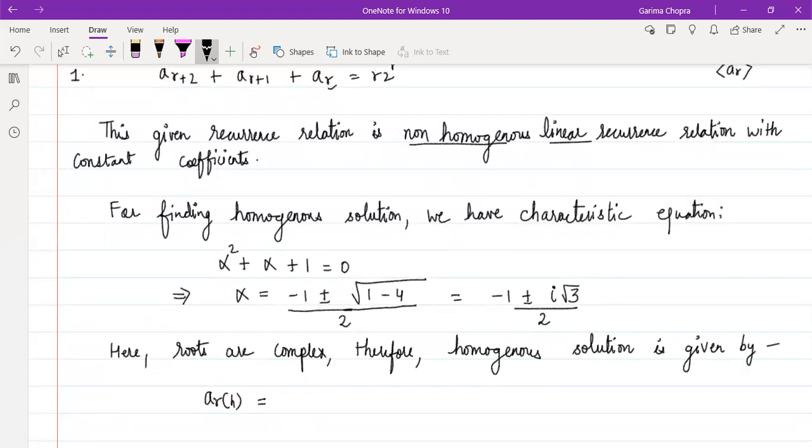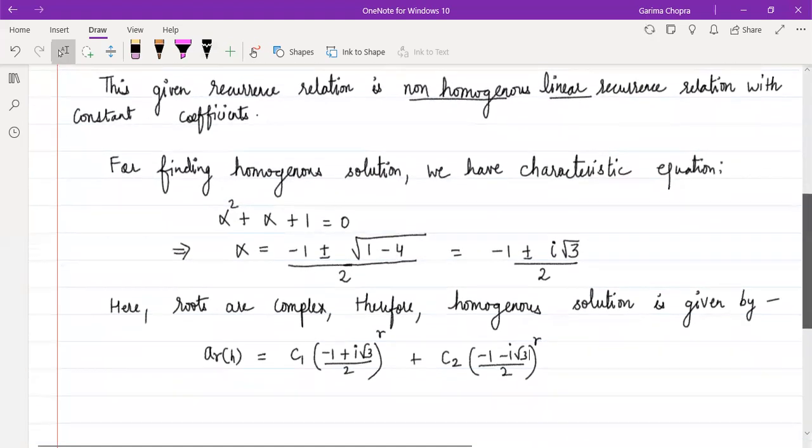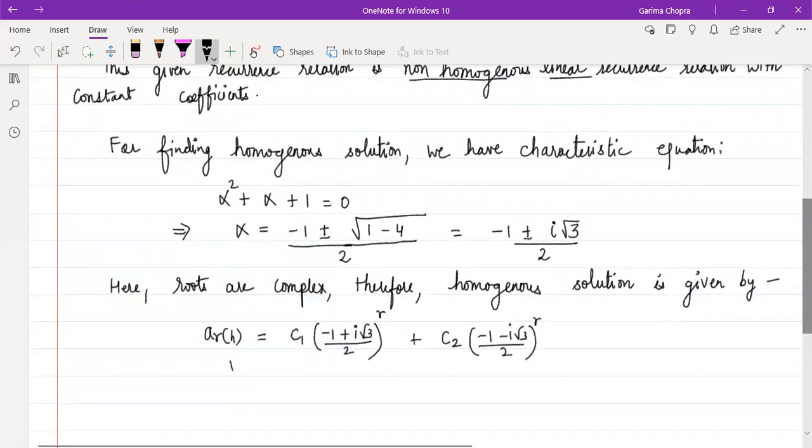Let C1 be the constant for the first root, (-1 plus iota root 3)/2, raised to power r, and another constant C2 for (-1 minus iota root 3)/2, raised to power r. So this is the homogeneous solution where C1 and C2 are constants.